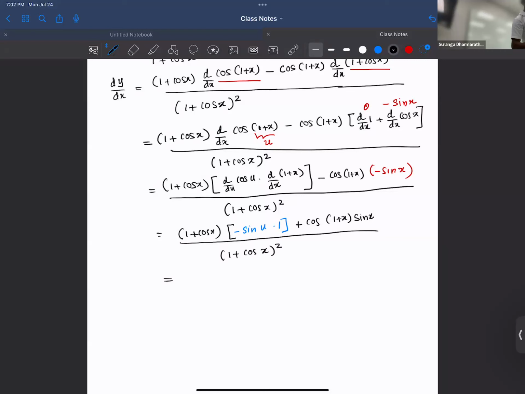So negative sine u is negative sine(1 plus x). Right? So you have negative sine(1 plus x) times (1 plus cosine x) plus cosine(1 plus x) sine x, divided by (1 plus cosine x) squared. That's it.